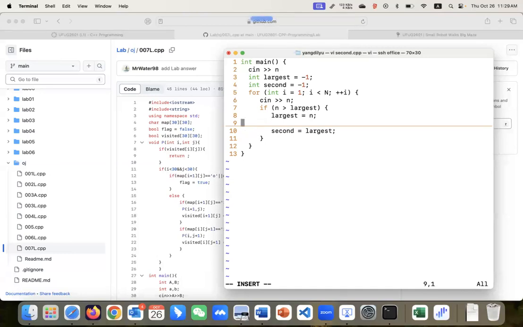Largest becomes n, then second one becomes largest. Switch the lines. Otherwise, they're going to be the same number. Yes, that's basically the code.